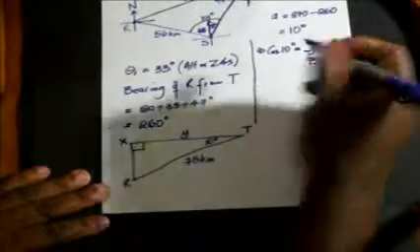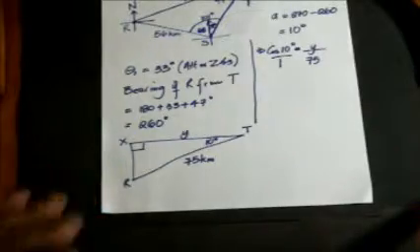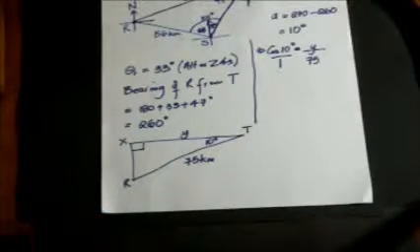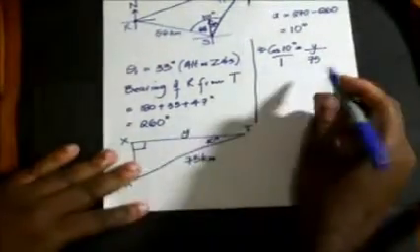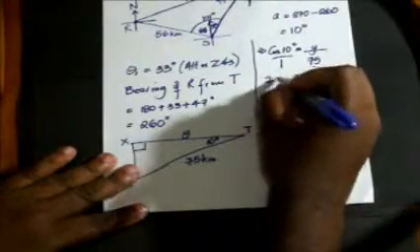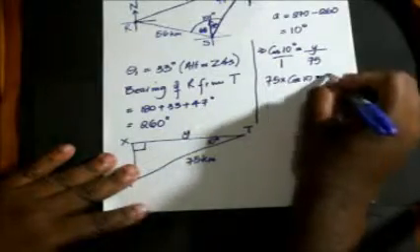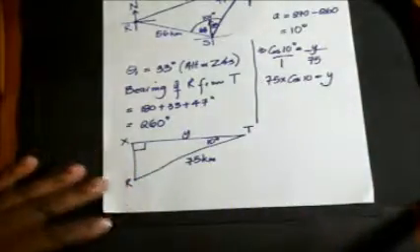If one fraction is equal to another fraction, I'm going to cross multiply. So what I have is 75 times the cosine of 10 is equal to y.